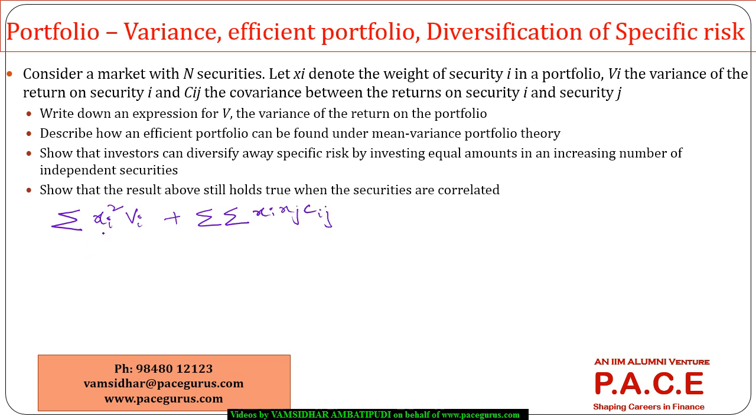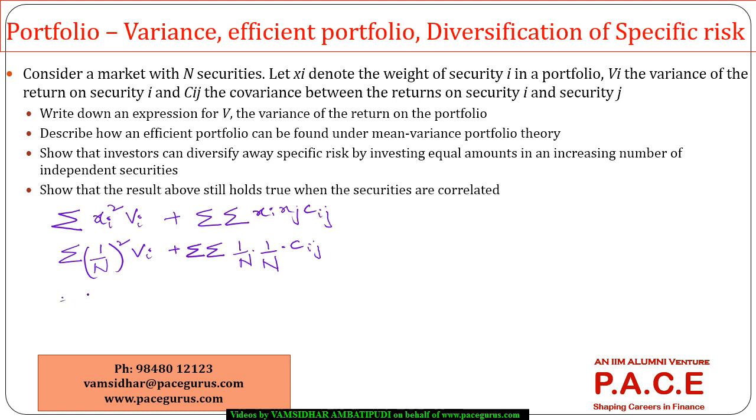Now we know that because there are n securities, the weightage in each one of them is exactly 1 by n. So I will take it as sigma 1 by n squared Vi plus sigma xi is 1 by n, xj is also 1 by n, Cij.